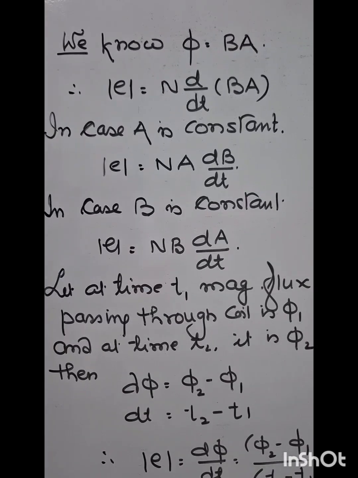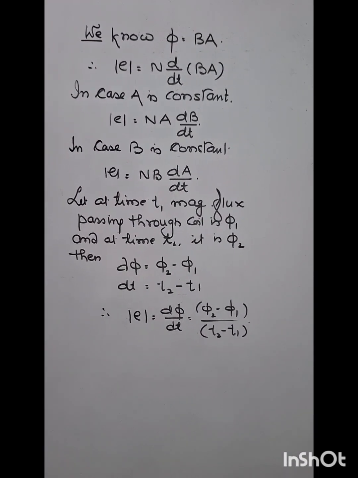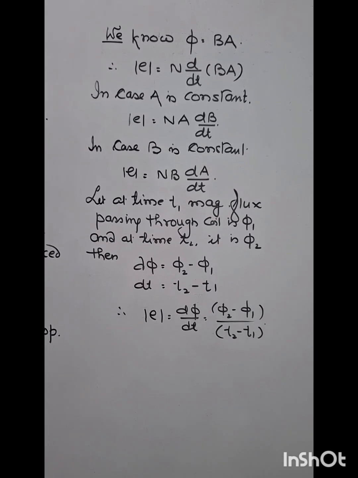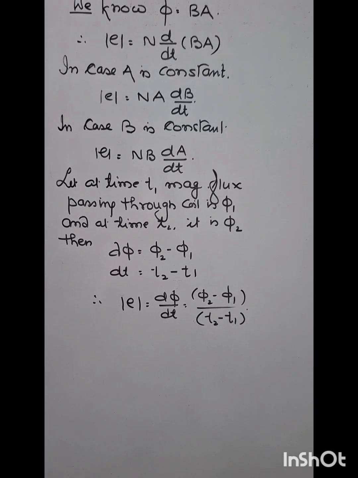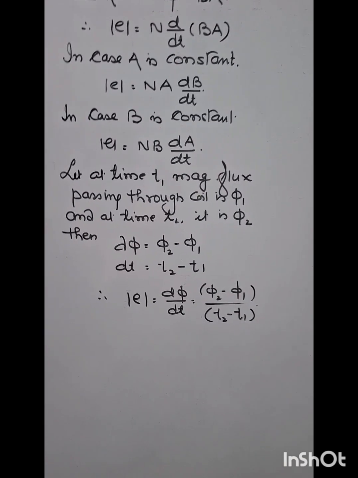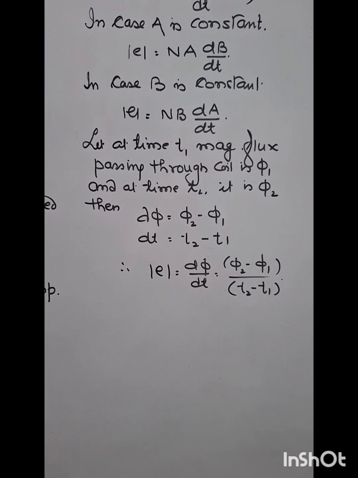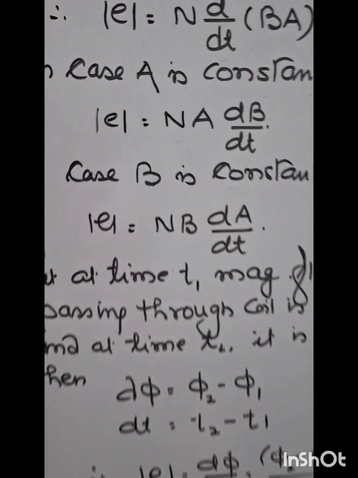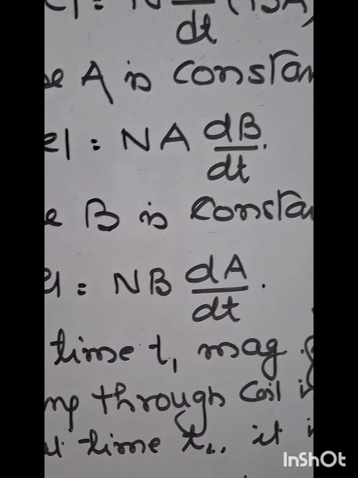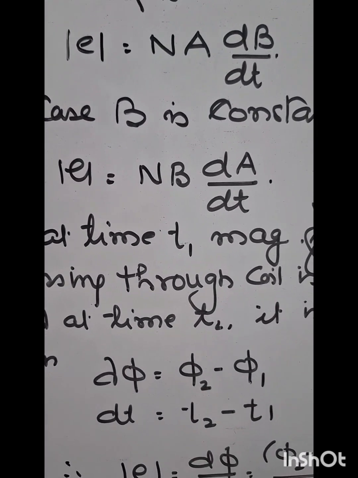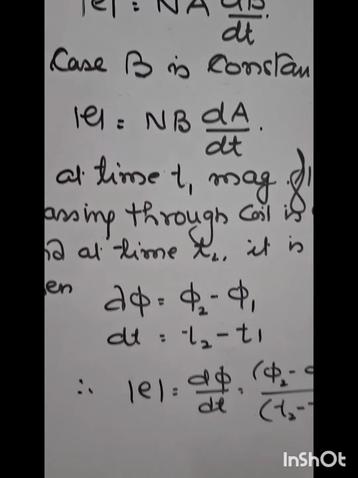B is the magnetic field and A is the area of the plane of the coil. Out of these two, B and A, one remains constant and one is variable. Suppose area is constant, then the formula becomes E = NA dB/dt, and in case B is constant, E = NB dA/dt.